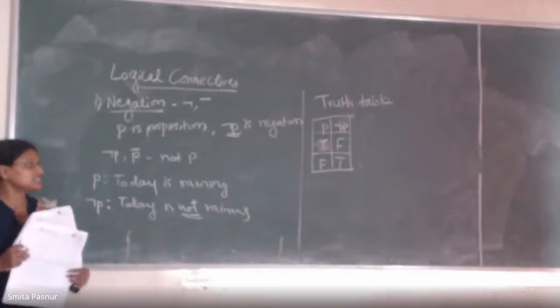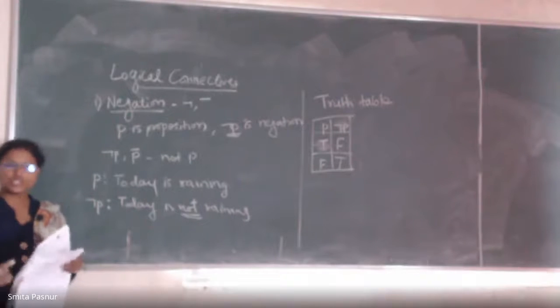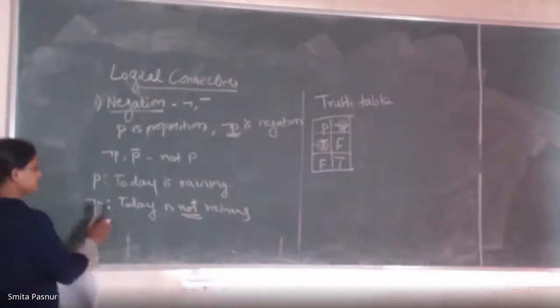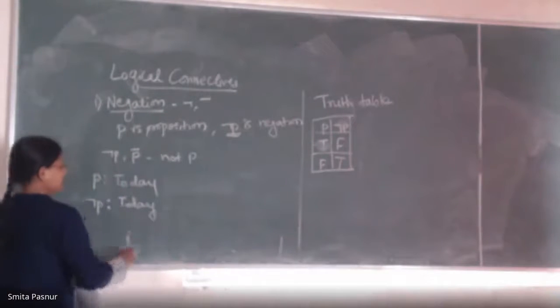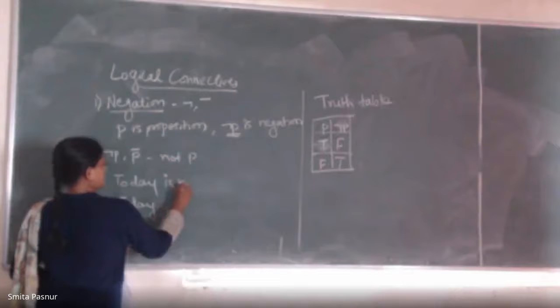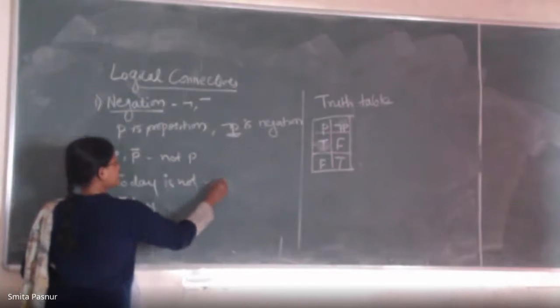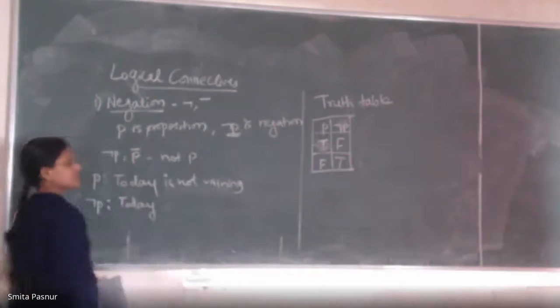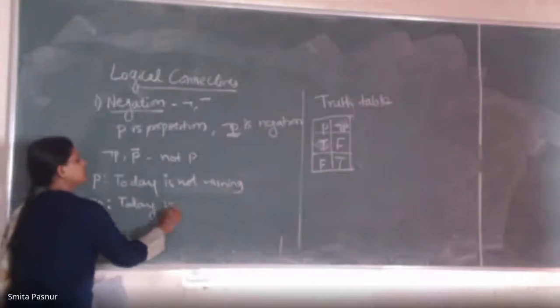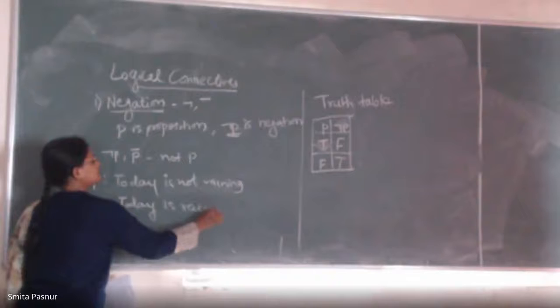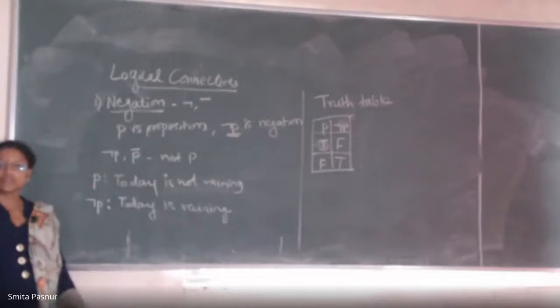That means, say suppose, if the preposition is given as today is raining, got it? Then what not P will be? Not P will be today is not raining. Opposite, just opposite of that. Got it?